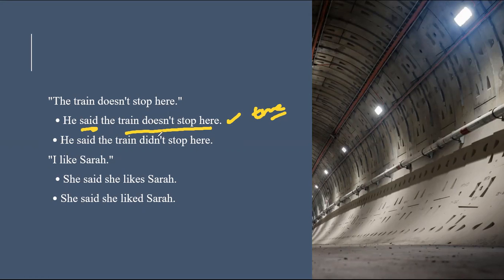So that means it never happens; it's still true. He said the train didn't stop here. This is also fine. But for the things which are still true, especially when we are talking about states, you can use present simple tense also. You can break the rule.